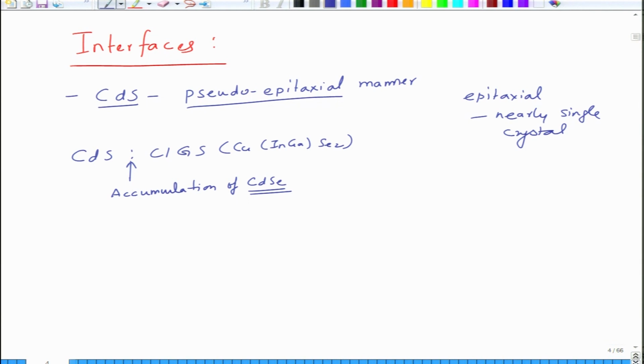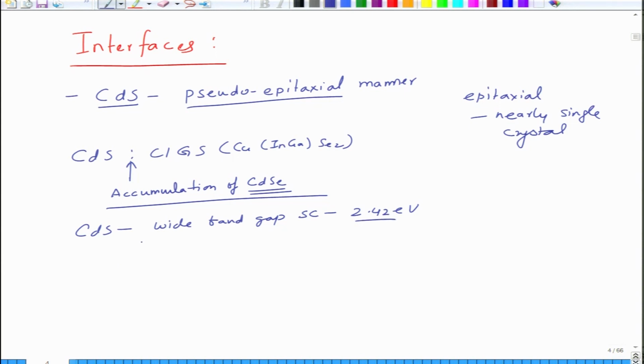This can be an issue, and we need to avoid it by designing appropriate temperature. CdS, since it is cadmium sulphide, is also a wide band gap semiconductor with a band gap of 2.42 eV.